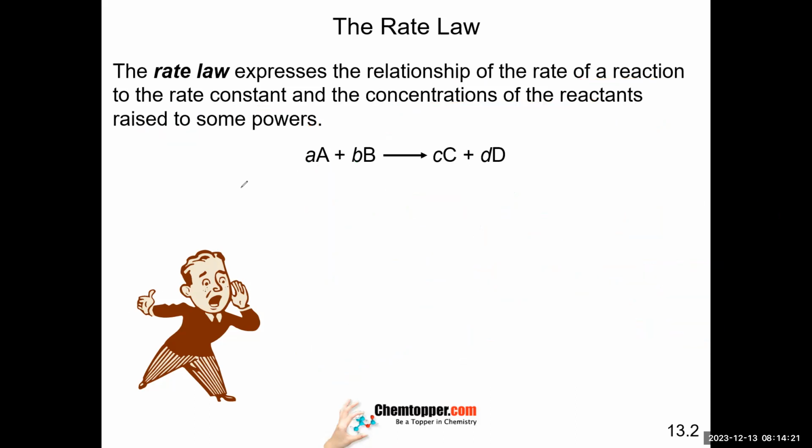Rate law is in terms of the reactants A and B raised to some powers x and y. So every time a reaction is given, first we have to assume the rate law like this, the way it is written here. I'll explain that to you.